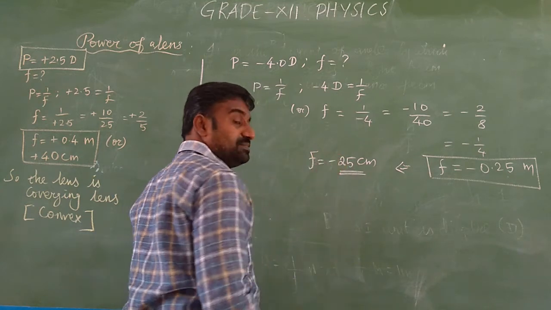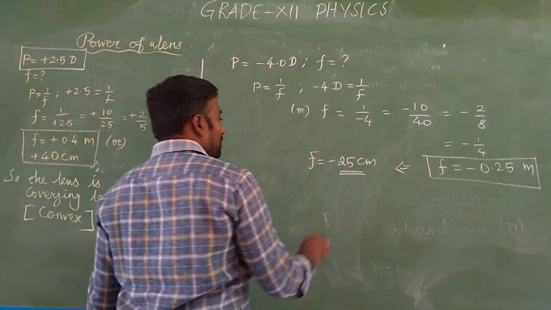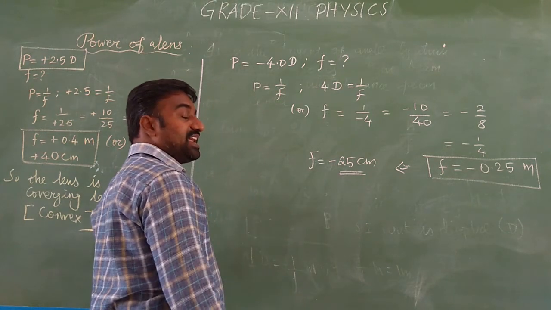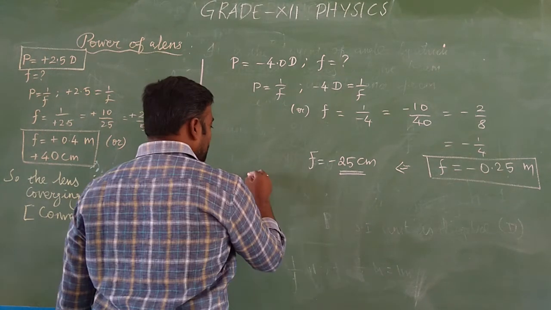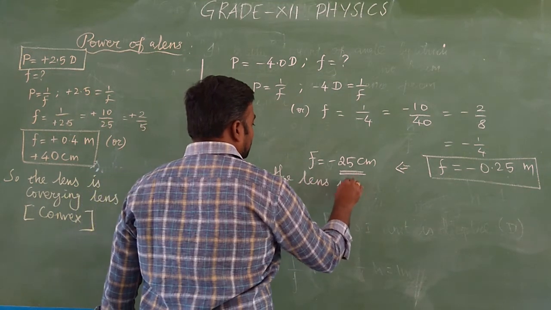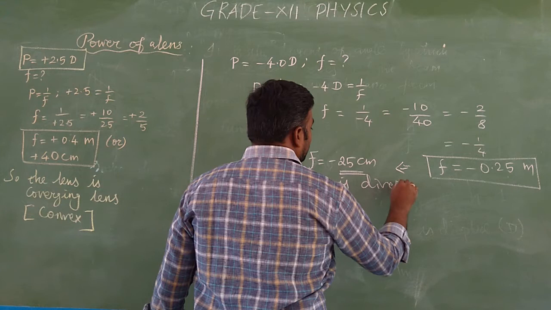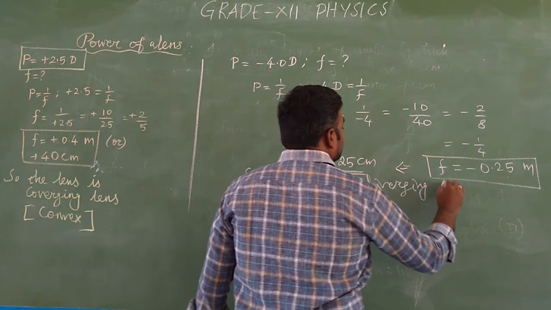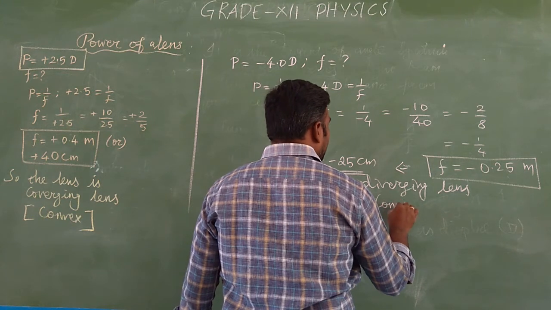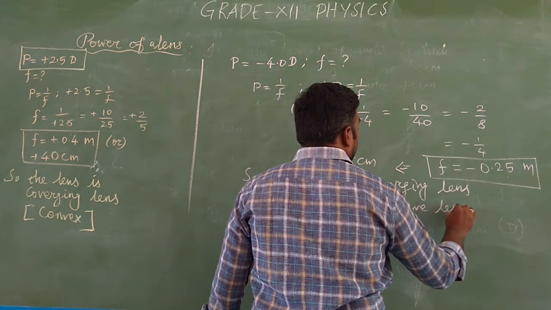So the focal length comes in minus. If the focal length comes in minus, it is on the left hand side. So the light is not converged, it is diverged. So the lens is a diverging lens. Which lens is a diverging lens? A concave lens is a diverging lens.